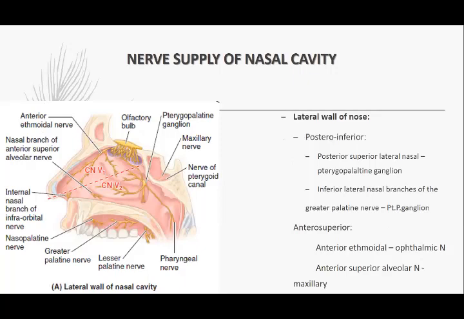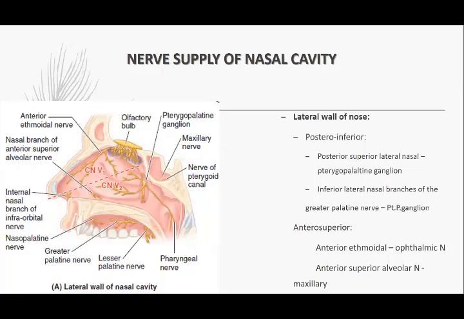Coming to the lateral wall of the nose. Look at this. Once again, posteroinferior and anterosuperior. The anterosuperior part will be supplied by the anterior ethmoidal, as we did there. This is a branch of the ophthalmic. And then over here you also have a branch from the maxillary, the anterior superior alveolar, supplying this anterosuperior area.